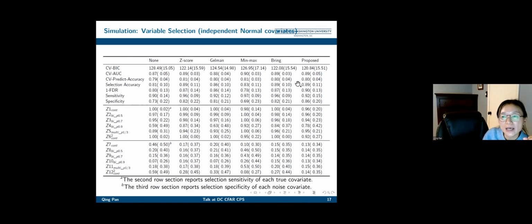Overall, we have the smallest BIC, the highest AUC, among the highest prediction accuracies for the Y. Selection accuracy is for the covariates, and we have the highest selection accuracy. We have the lowest FDR. We have lower sensitivity, but much higher specificity. So in terms of fair selection, I think overall we are better.